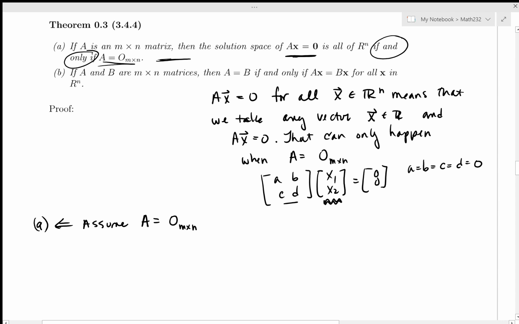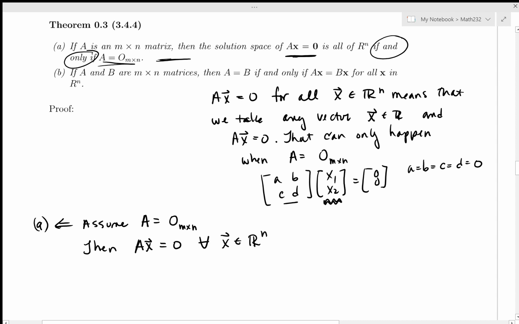Okay, so now what we want to show is that the solution space of AX equals 0 is all of Rn. Then this is not going to be difficult. We assume that A is 0, and that means that AX is equal to 0 for all X in Rn, because I'm multiplying by 0.